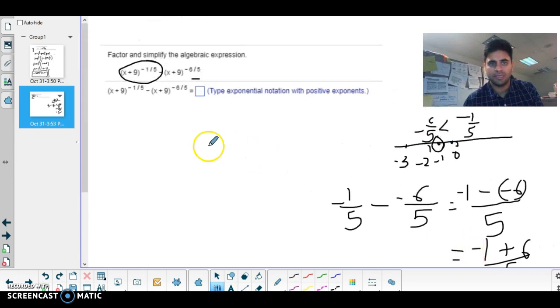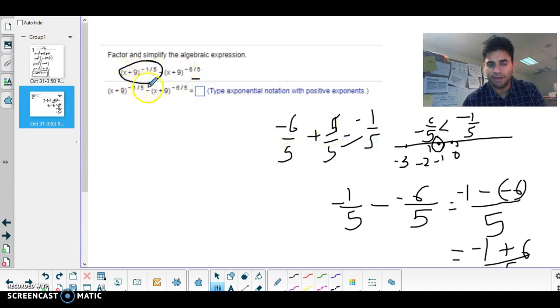So that was easy. Now we have found out that if you add negative 6 by 5 plus 1, or 5 by 5, you will get negative 1 by 5. If that part is clear, then yes, I can find out my factors for this.